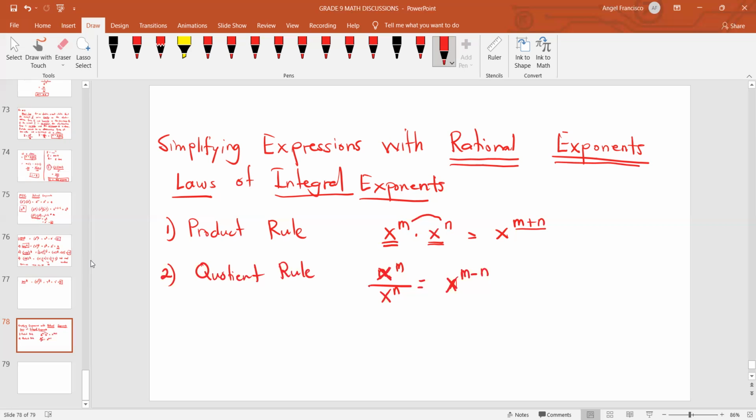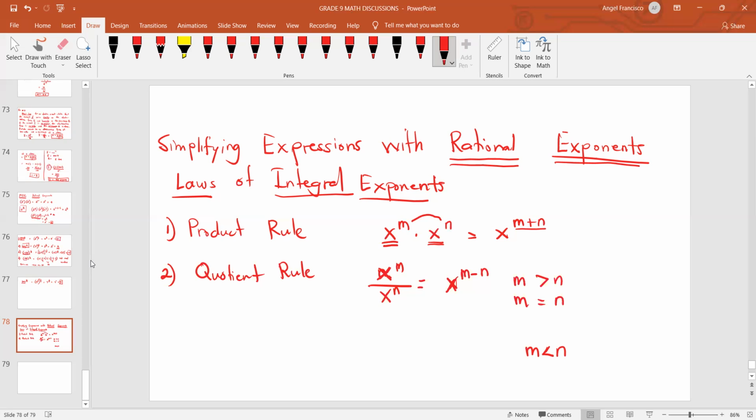But you can only do this if m is greater than n or m is equal to n, kung parehas yung value ng number, okay, ng exponent. But kung ang mangyayari is m is less than n, makakaroon kayo ng negative na exponent.